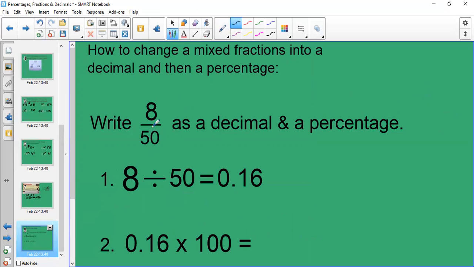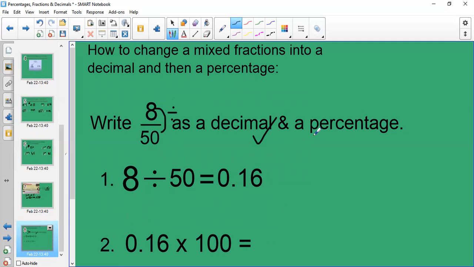So step 1, we need to do 8 divided by 50. We need to divide the top number by the bottom number, the numerator by the denominator. I know by typing into my calculator that 8 divided by 50 is 0.16. So that is what the decimal is, 0.16.